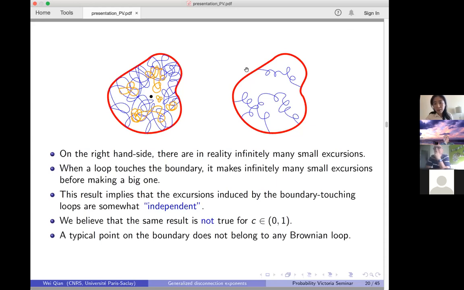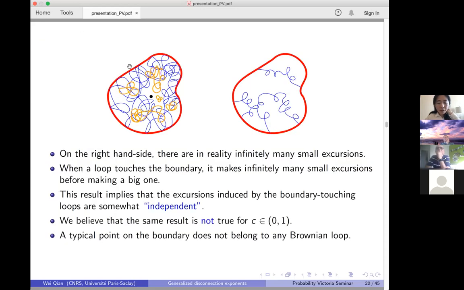So if I take a typical point on this red boundary, on the left, for example, it is not visited by any Brownian loop. Of course, you see that there do exist points on the red boundary that are touched by the blue loops, but most points are not touched. Okay.